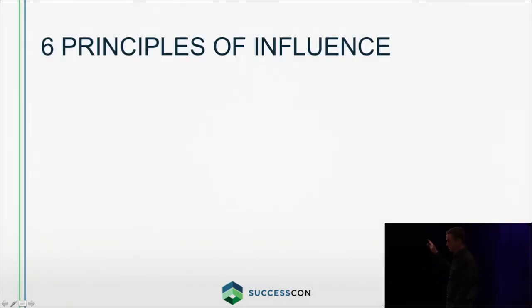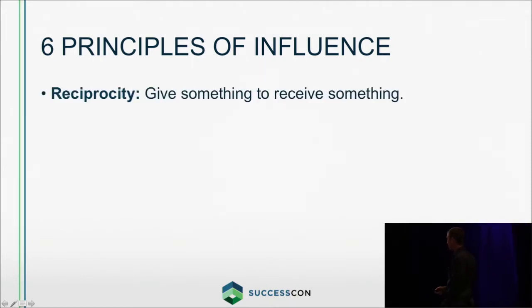So I'm going to run through these 6 principles in this book that he talks about really briefly, and then you'll see why. So his first principle, these are all tested, and he did multiple tests to make sure these theories were accurate. Number 1 is reciprocity. We see this all the time in the lead magnets out there. You give something to get something.